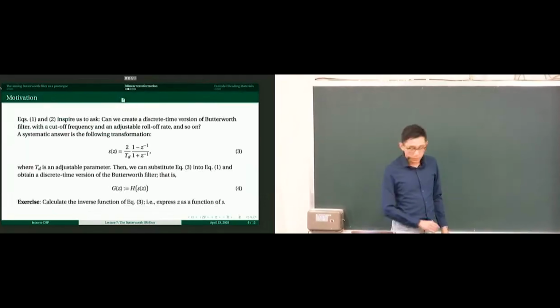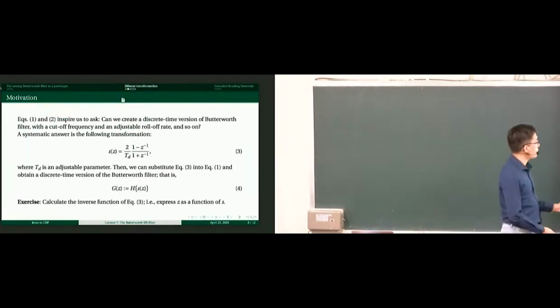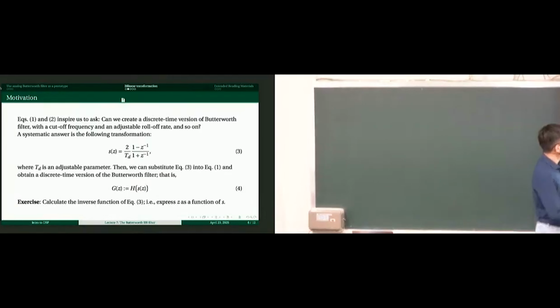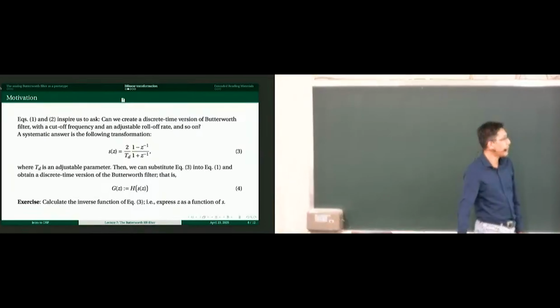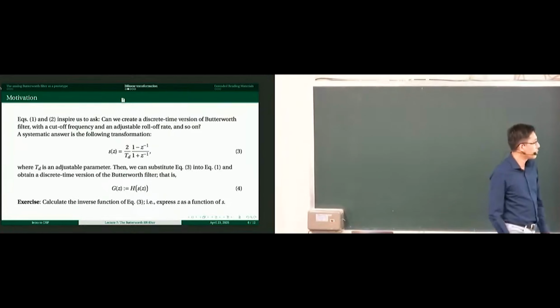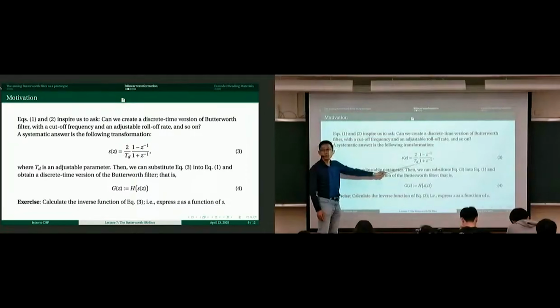Bilinear transformation is a function from Z to S. We can define S as a function of Z. So there will be 1 minus the inverse, 1 plus the inverse, and there's a parameter 2 divided by T_d.